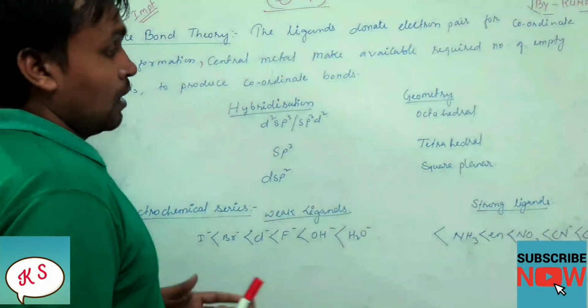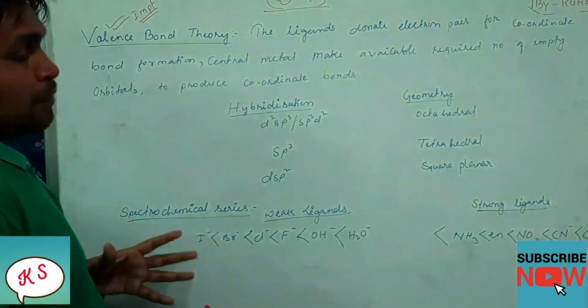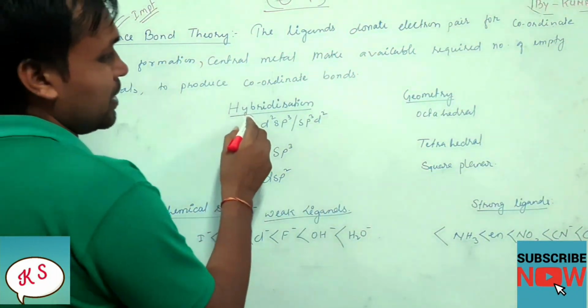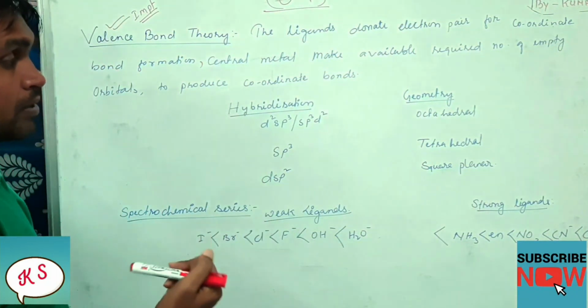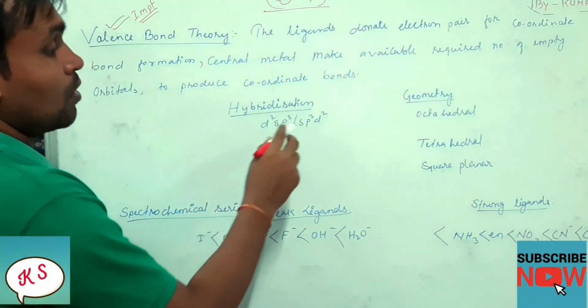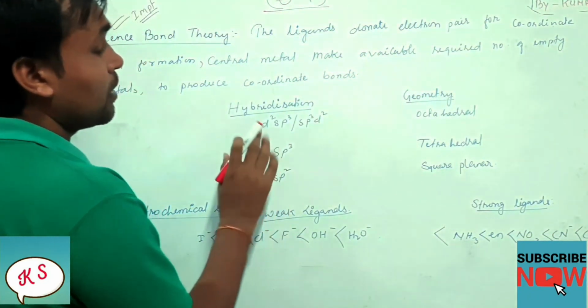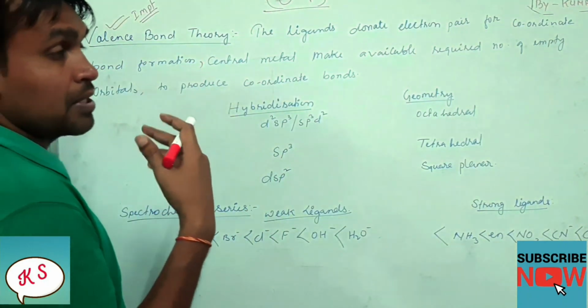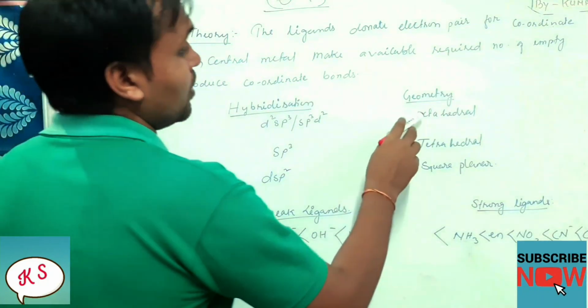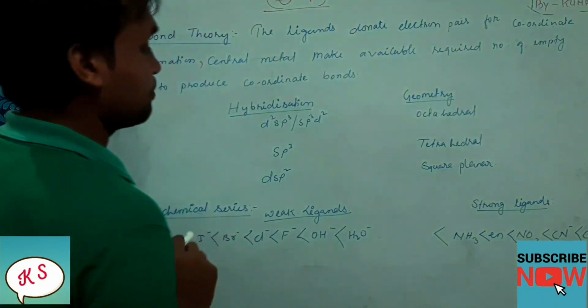Now in VBT theory, there are a few things which you should know before we start. When the hybridization is d2sp3 or sp3d2, the shape of that coordination compound will be octahedral geometry.